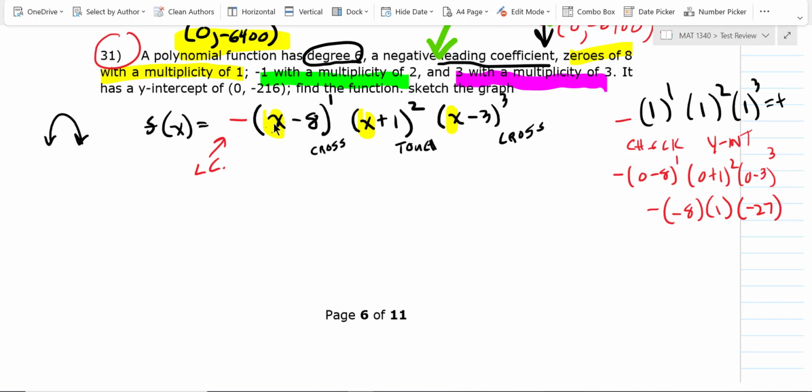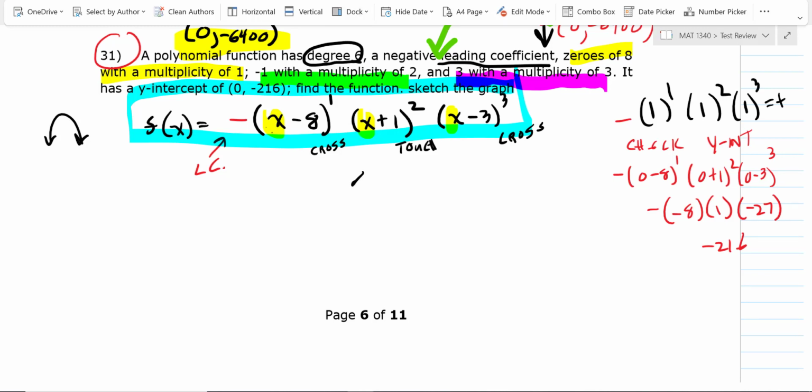If you did that on a calculator, it'd give you negative 216. I'm just doing negative 8 to the first, 1 to the second, negative 3 to the third, but the point is, you get the y-intercept you're supposed to get, so that tells us that is the answer to the problem. So what you're doing is in reverse, taking that information and putting it together.